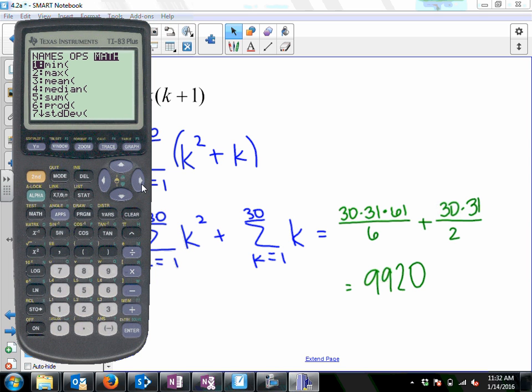Second stat over to math and hit sum, and then second stat over to operations and hit sequence. And then we're gonna have to punch in our sequence, and tell it that our variable is x, and we want to go from 1 to 30.